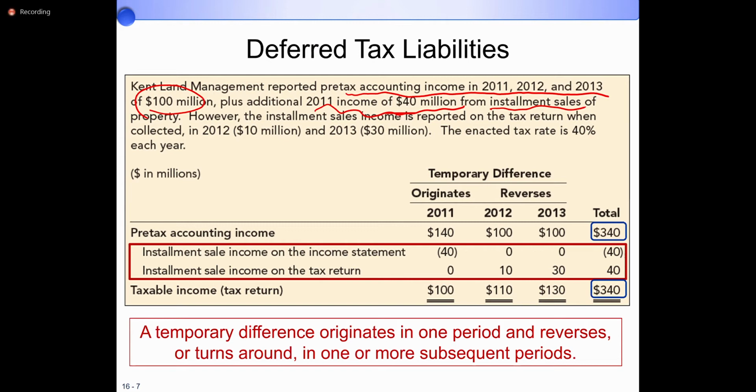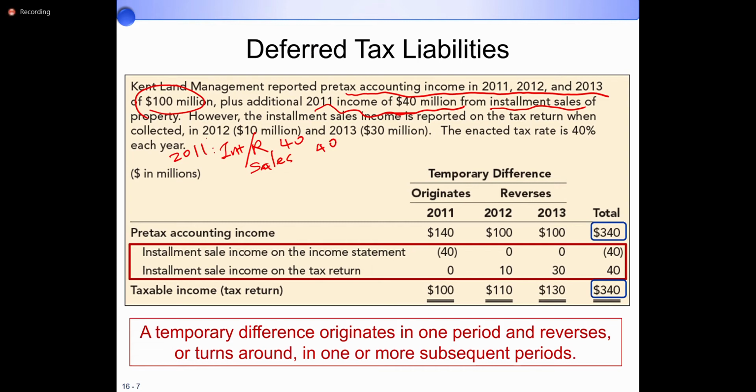When we have the installment sale in accounting in 2011, we can recognize the installment sales revenue. We debit installment receivables for 40, then we credit sales revenue for 40. So with that $40 million installment sales, we recognize sales revenue in 2011, but it will be collected in the future. You understand installment, right?